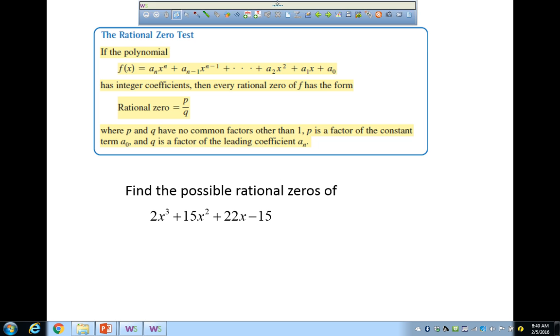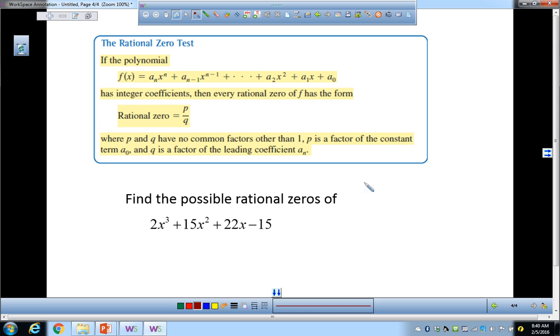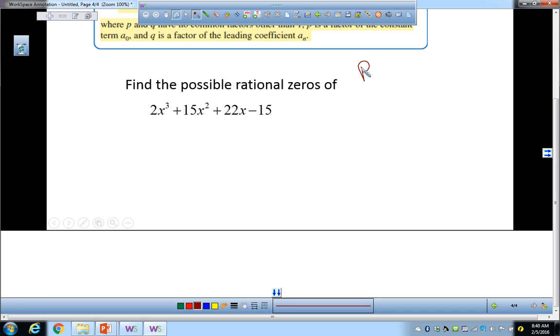So for instance, in this one, your P's are all the factors of negative 15, or of just 15, okay? So what are all the factors of 15? 5 and 3.